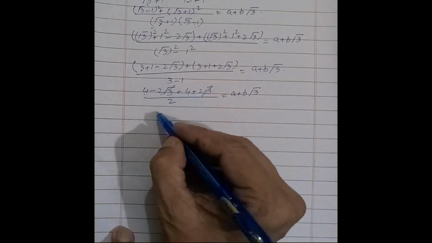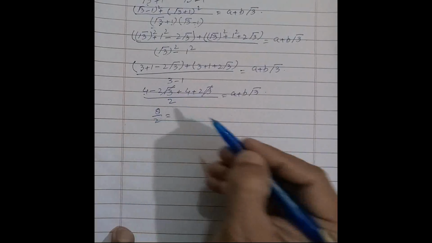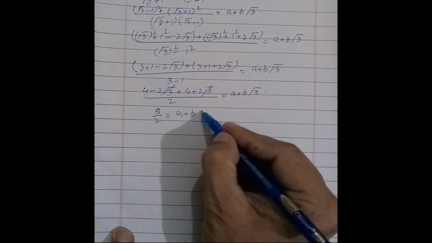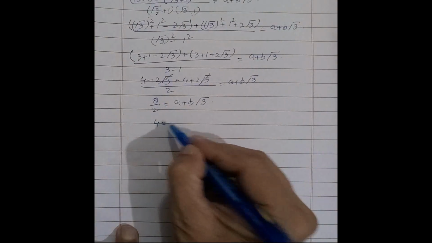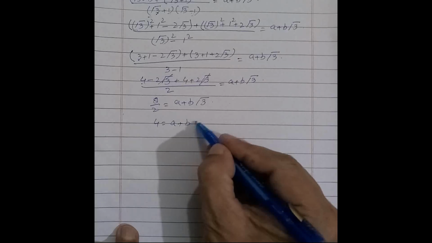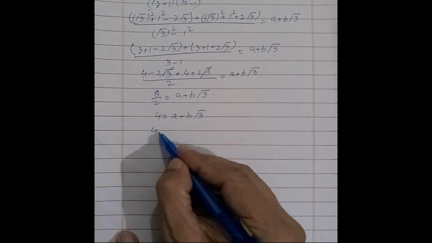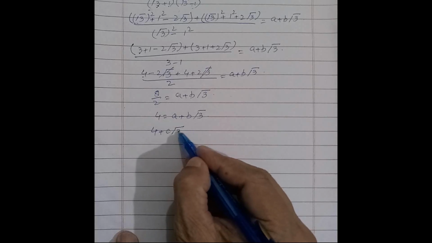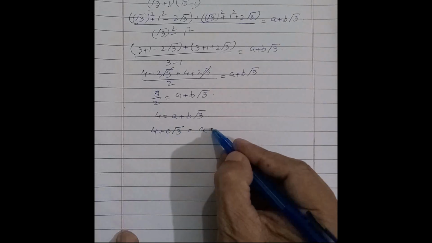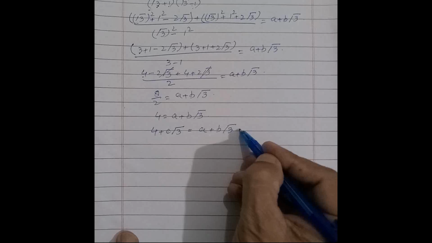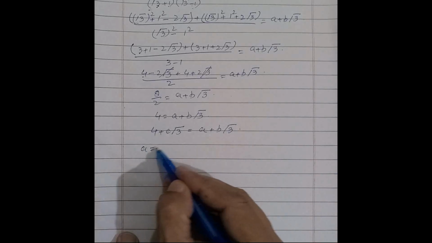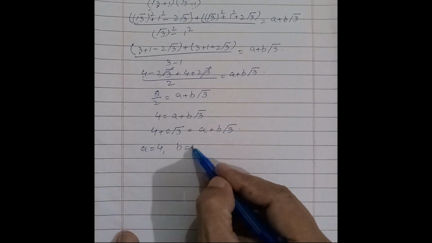The answer is 4 plus 4, 8 over 2 is equal to a plus b square root 3. And it is 4 is equal to a plus b square root 3. And we write it 4 plus 0 square root 3 is equal to a plus b square root 3. And the answer is a is equal to 4 and b is equal to 0.